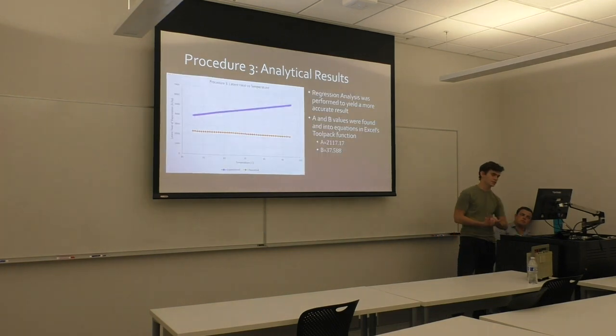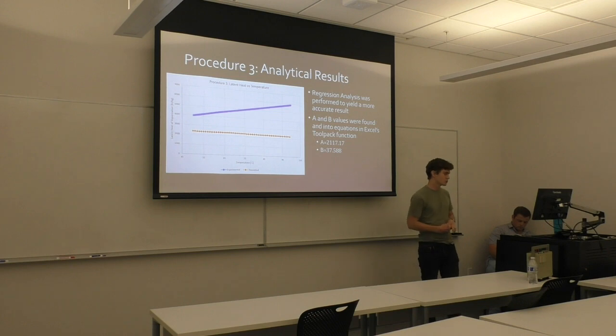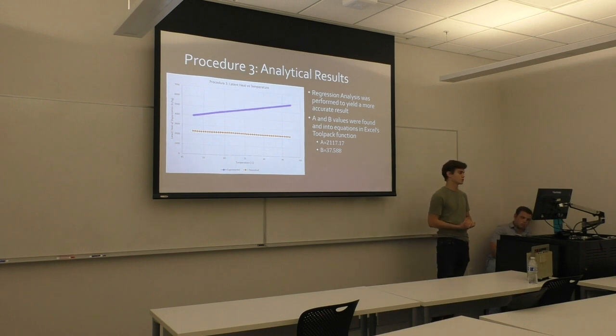For procedure 3, regression analysis was used in Excel in order to determine more accurate data. Whether or not it's accurate is up to evaluation. I have in an appendix how I manipulated the Clapeyron equation in order to determine these values.